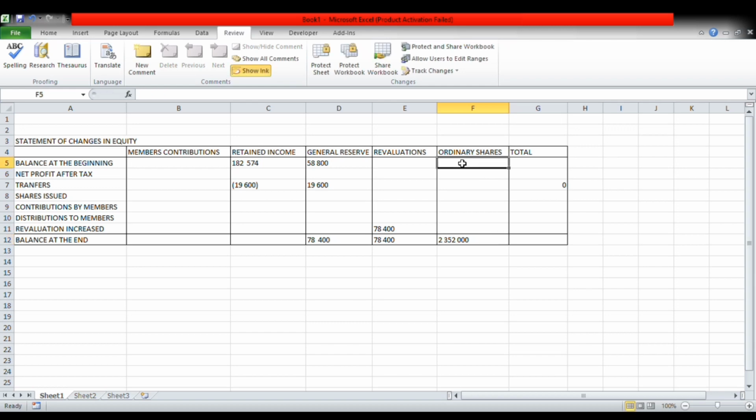So even here we're going to have 2,352,000. So let me replace members contribution with share premium.